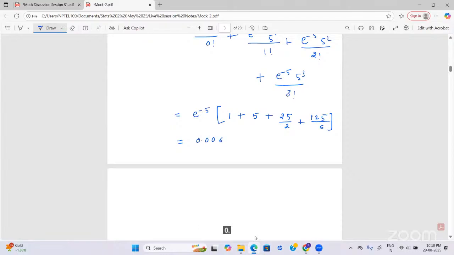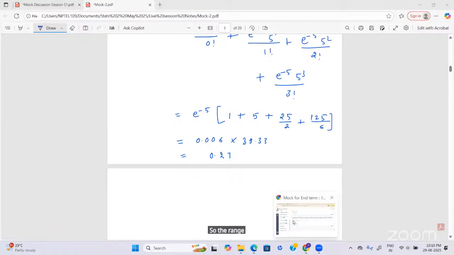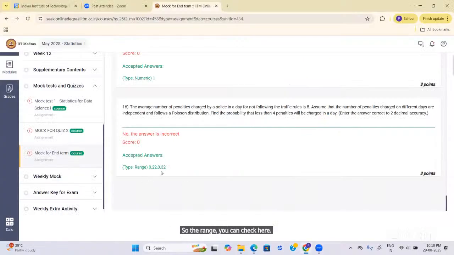Okay, it depends on how many decimal places you are taking, so 0.24 or 0.27, something like that will come. The range you can check here is 0.22 to 0.32. It's coming in the range.